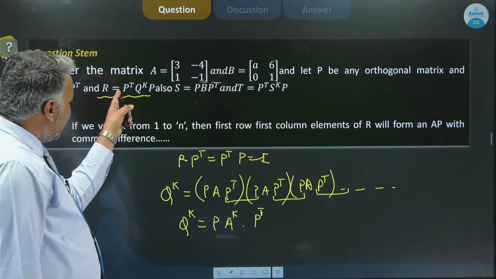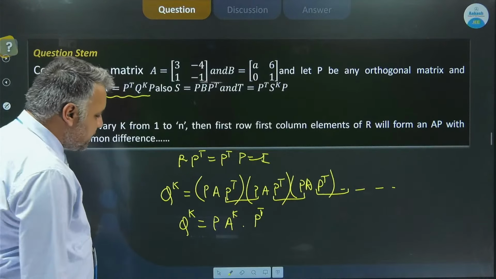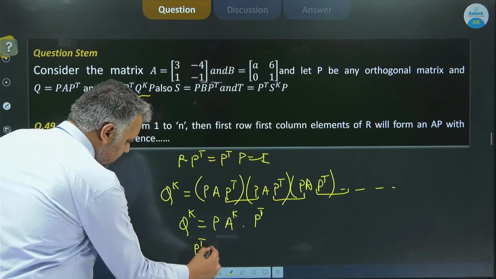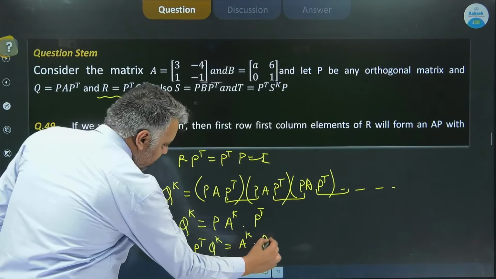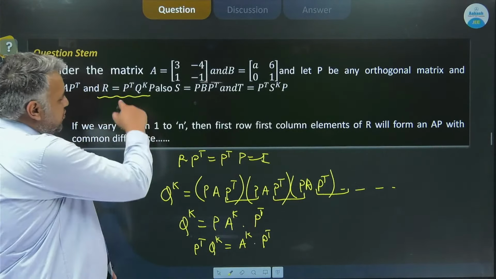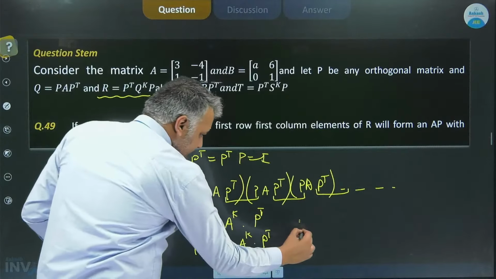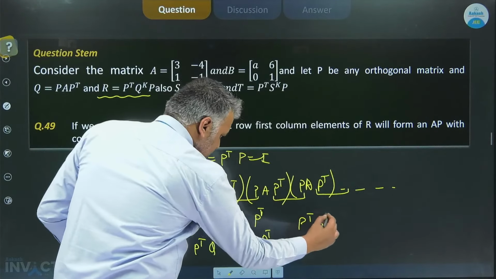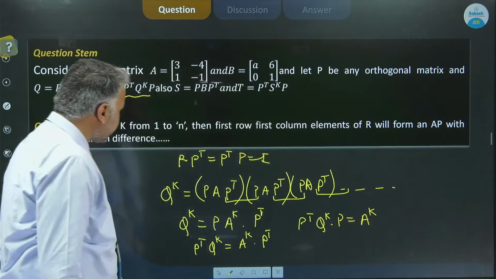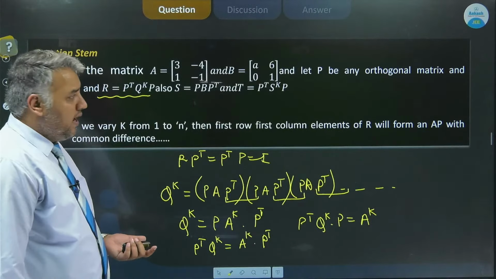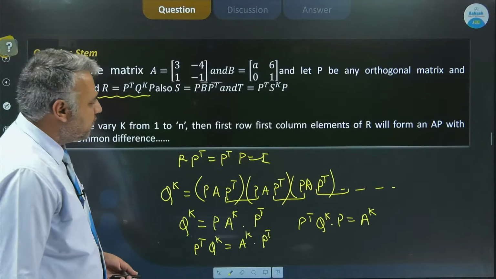Again, if we pre-multiply Q power K by P transpose, then it will be A power K into P transpose, and post multiply by P, then we can say that P transpose Q power K P will be equal to A power K. So R is nothing but A power K, and A is given to you.